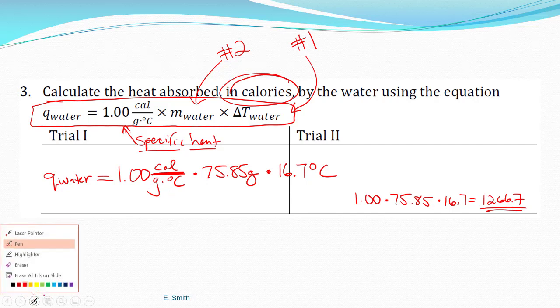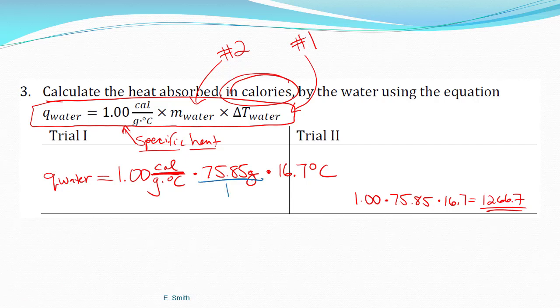Now, to show this, I'm going to use a different color. What I want us to recognize is that this grams here is actually in the numerator, and this degrees Celsius here is in the numerator. So if we check our units, we're taking calories times grams times degrees Celsius divided by grams times degrees Celsius.